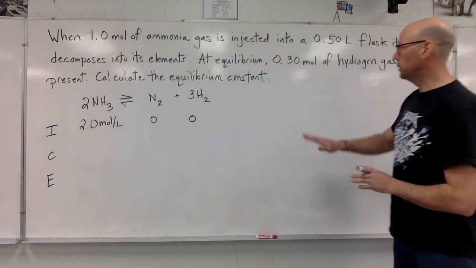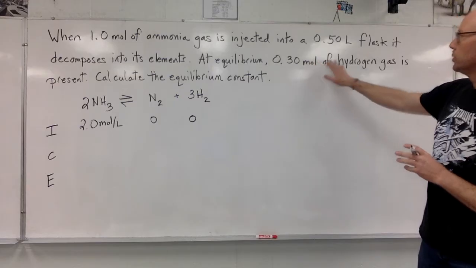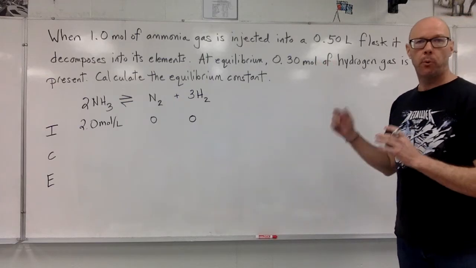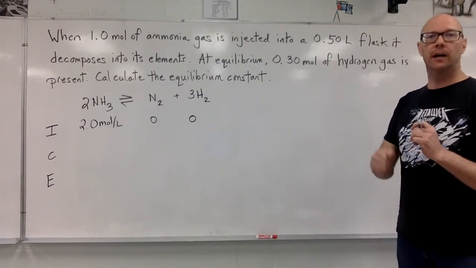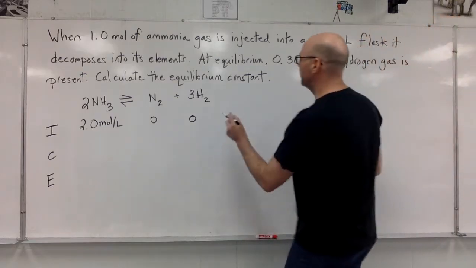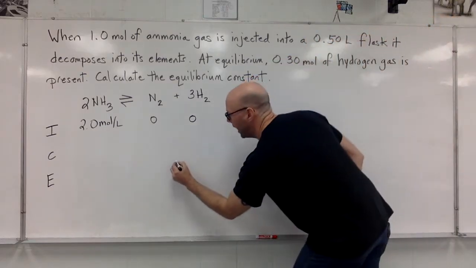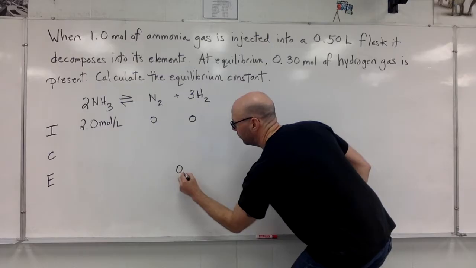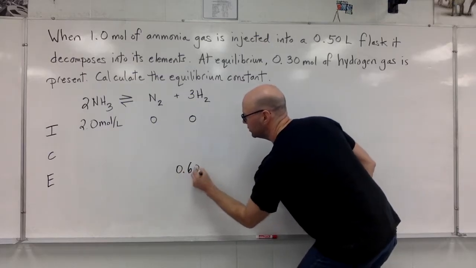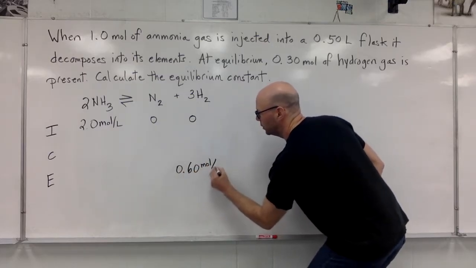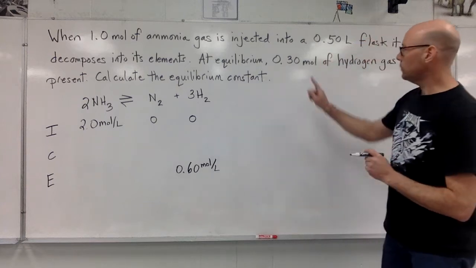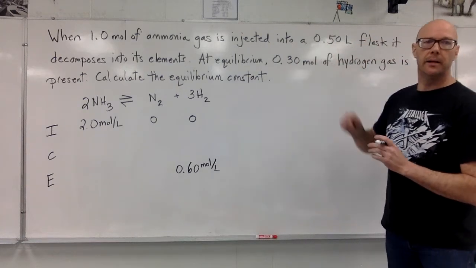Then, at equilibrium, 0.30 moles of hydrogen gas is present. 0.3 moles in half a liter. So that's the hydrogen gas here at 0.60 moles per liter. Our 0.3 divided by 0.5.